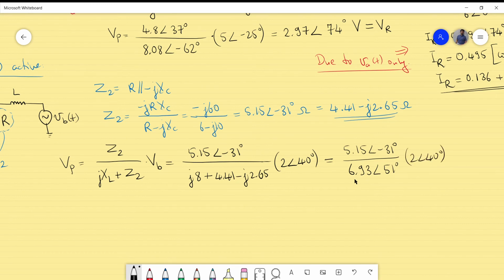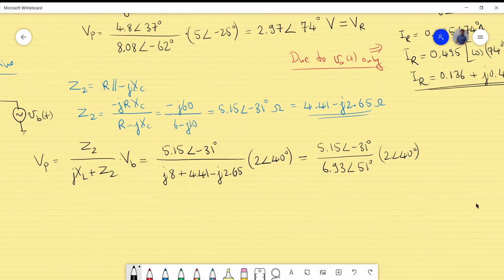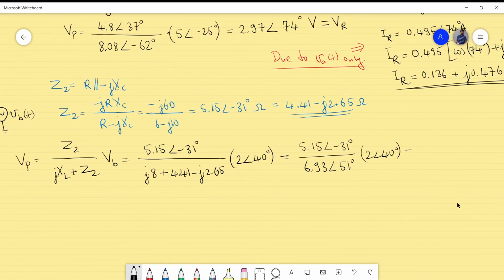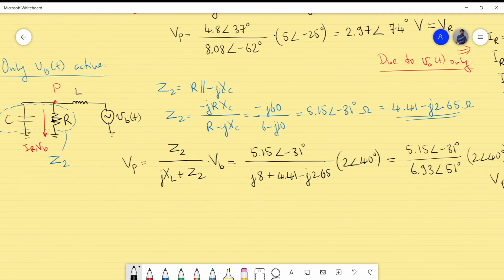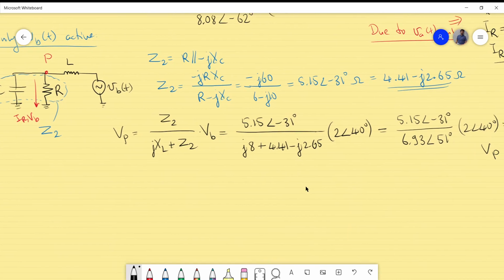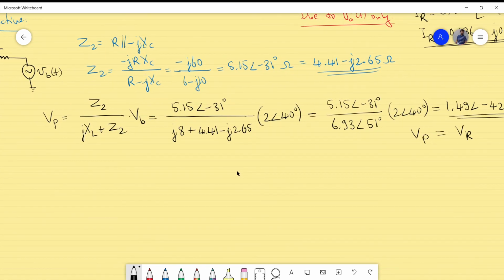If you combine all those terms, for VP this will be 1.49 with a phase of minus 42 degrees in volts. Now, of course, this is also equal to VR, again because this is in parallel. So VP, what I have here, is the same as the voltage across the resistor R. Then I can say the following.